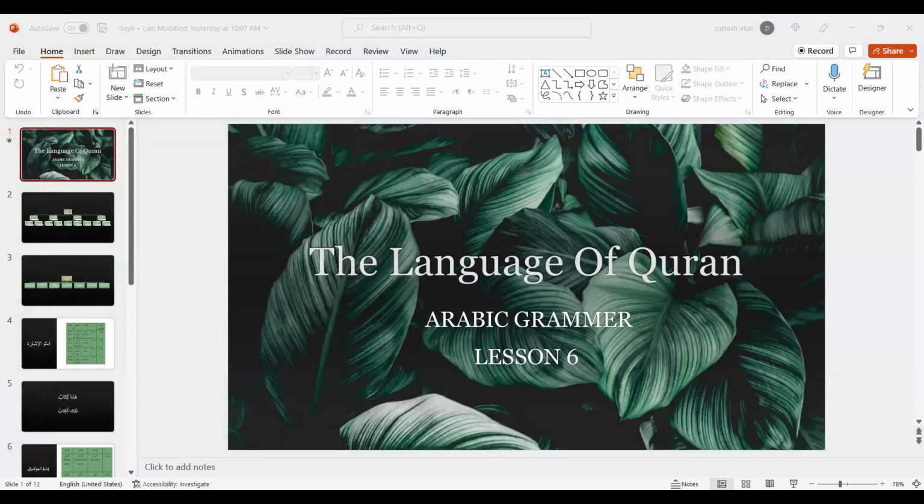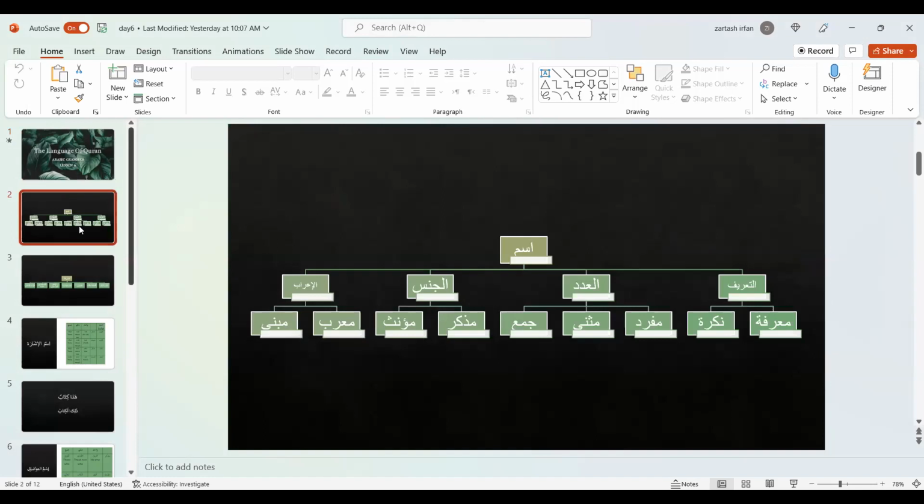As we already studied, I told you about Ism and its four characteristics: At-Tarif, Al-Adad, Al-Jins, and Al-I'rab. We also know their types, so we have already learned about them.